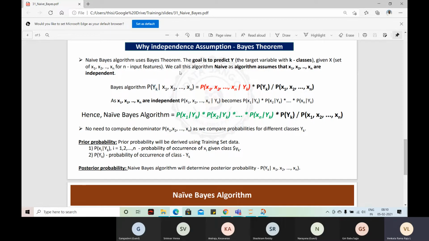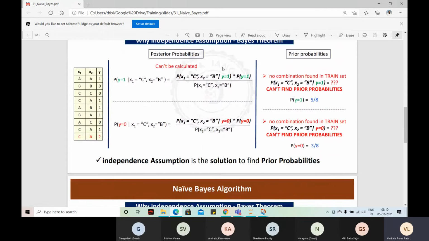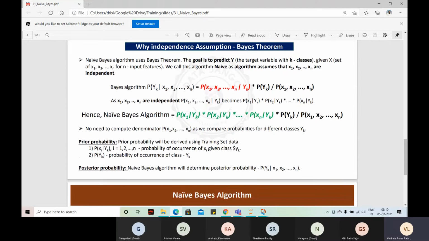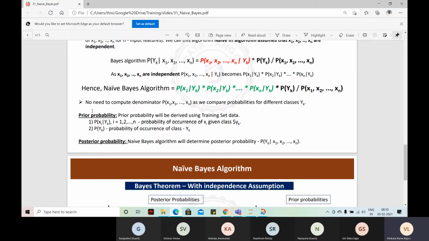Given x, the set of x1 and so on to xn, for n input features, we call this algorithm naive as it assumes that all these are independent. Because if you don't assume independence, you may get stuck with this kind of problem: when a new record's combination is not present, you will not be able to predict. So we assume independence, this term becomes easy like this, and you will be able to calculate. I'll show you the example also.